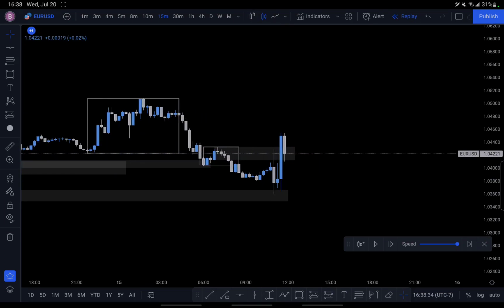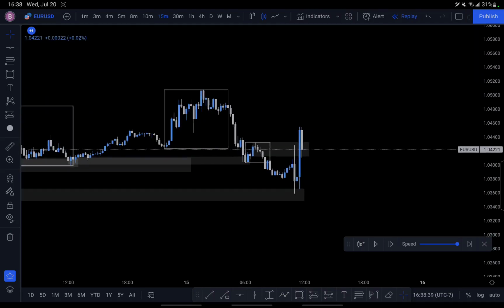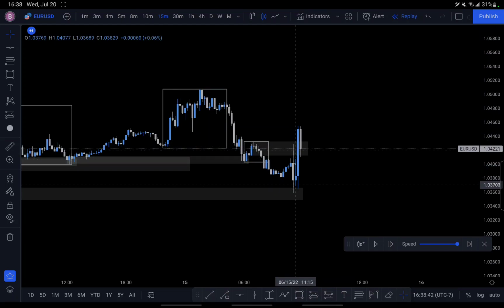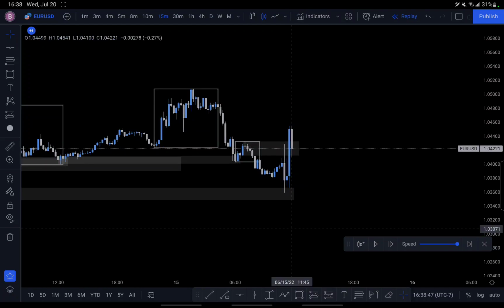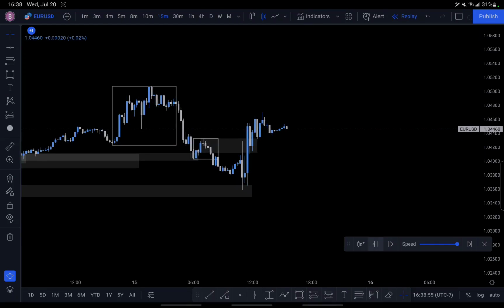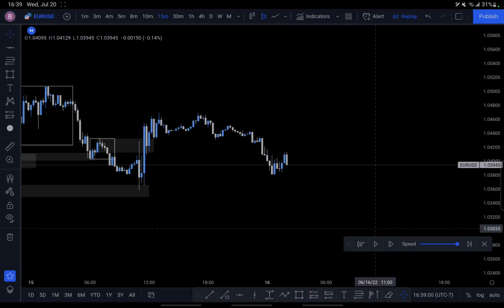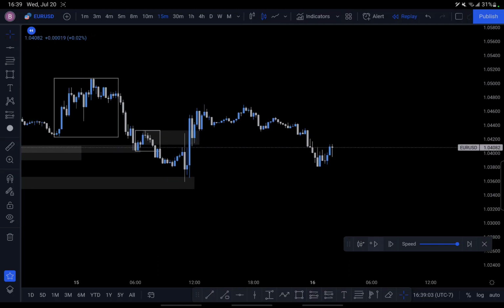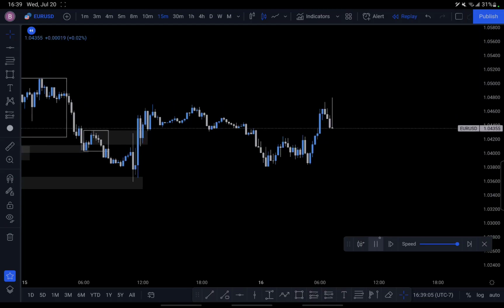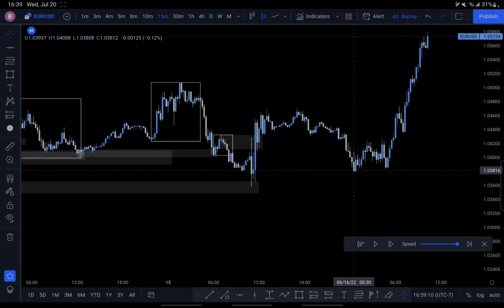We did create another supply zone or demand zone here, which is kind of big. I don't know if I want to use that. Let's just let price play out a little bit and see where it wants to go. Price is breaking higher. Where did it test?